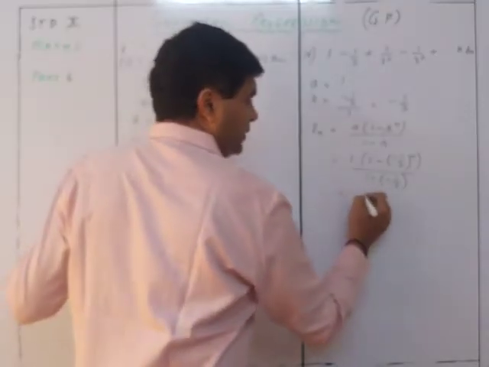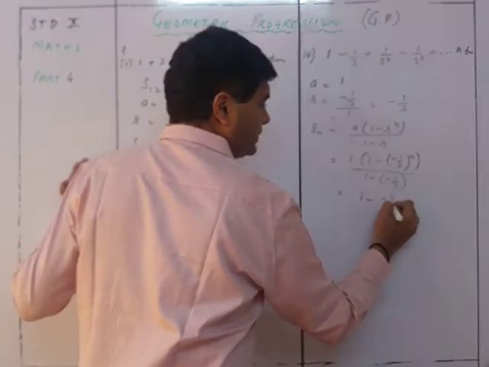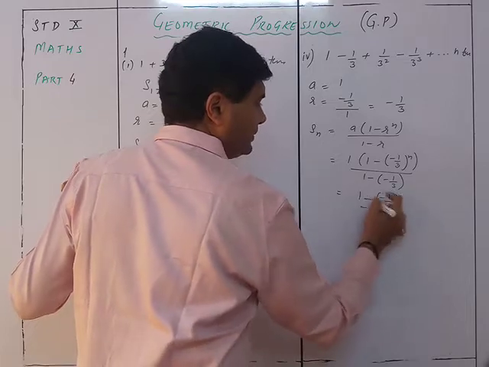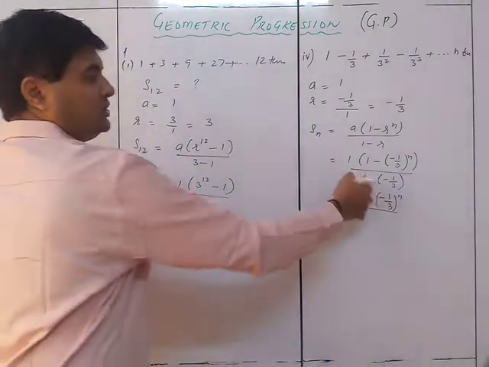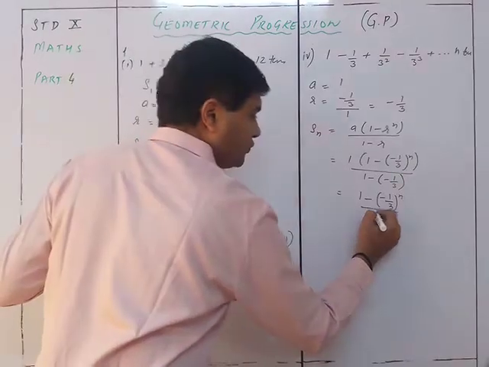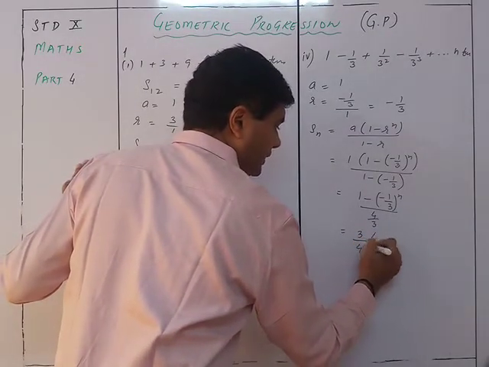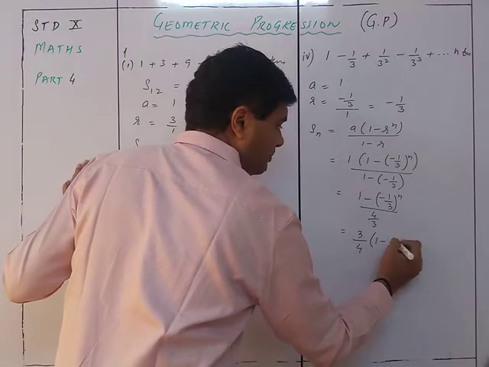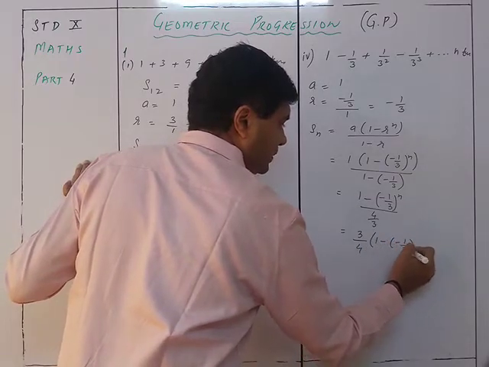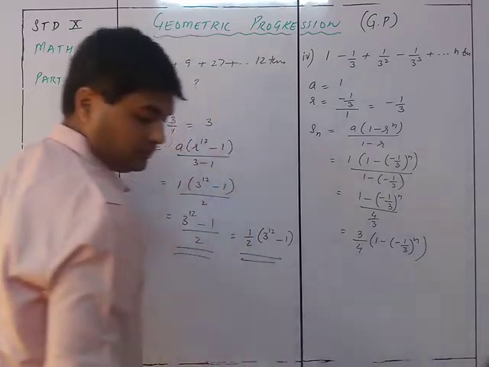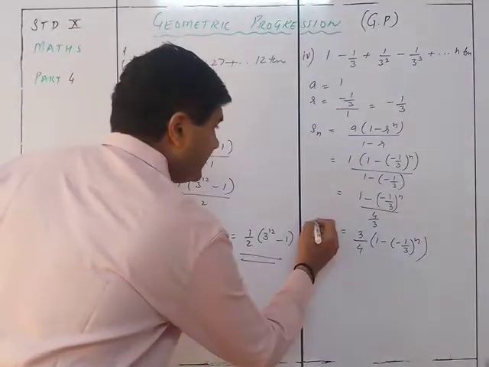This is nothing but 3 plus 1, 4 upon 3. So 4 upon 3, that is equal to 3 upon 4 into 1 minus 1 upon 3 whole raised to n. Okay, this is Sn.